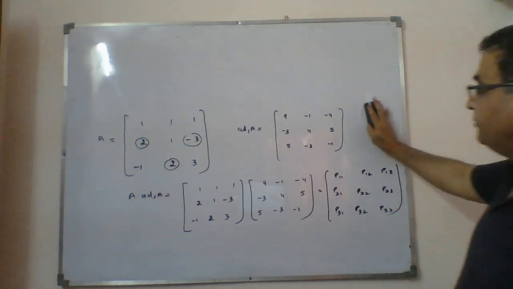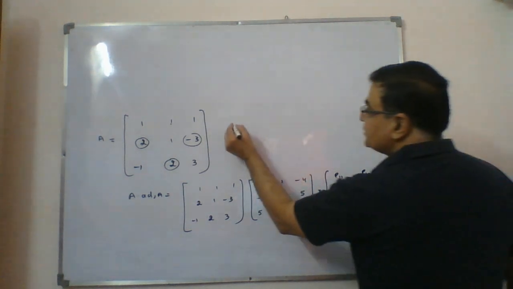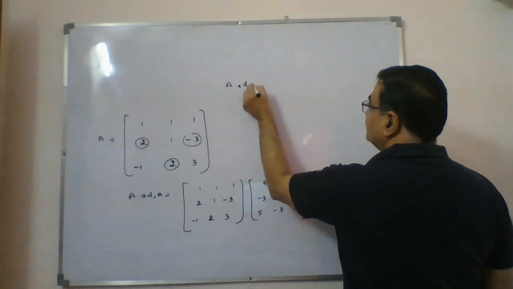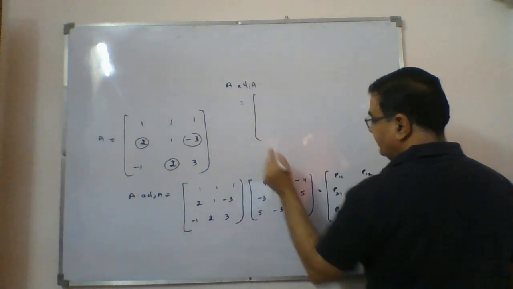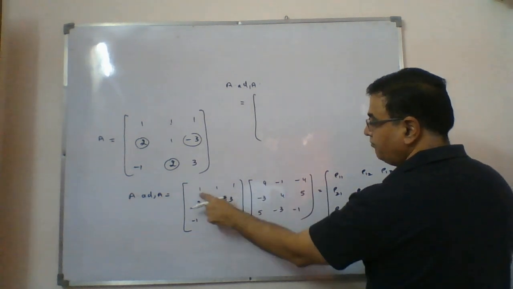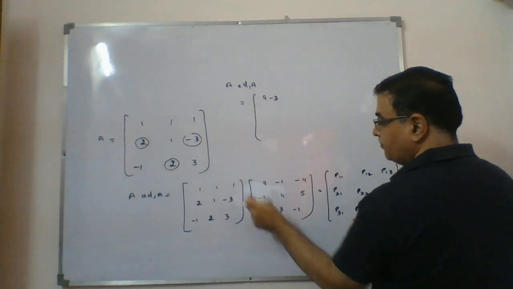Now let's check what this product matrix comes to. First we go for A into adjoint of A. The first product is P11, meaning first row, first column. So it will be 9 minus 3 plus 5.